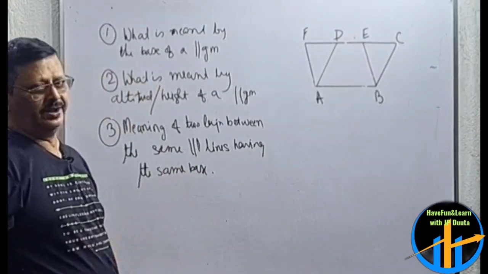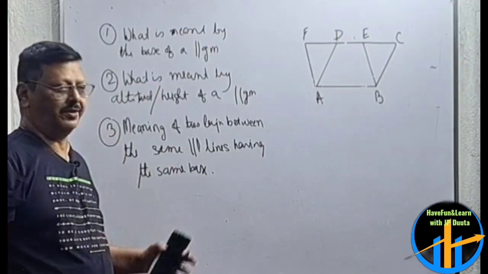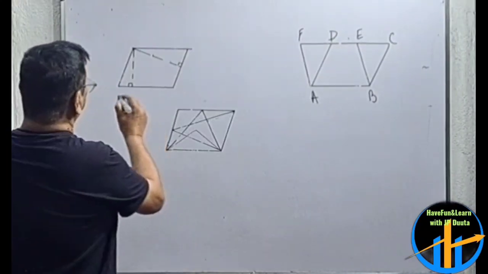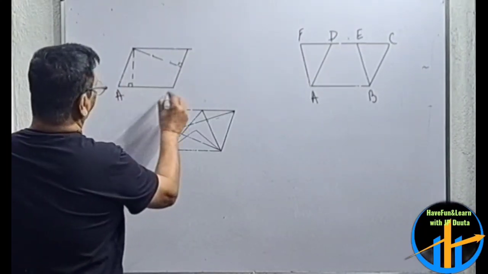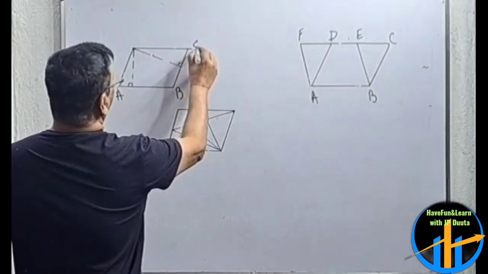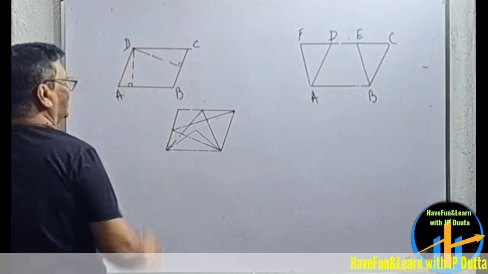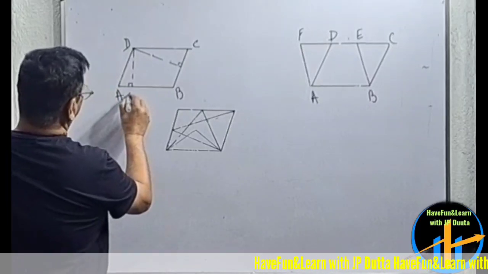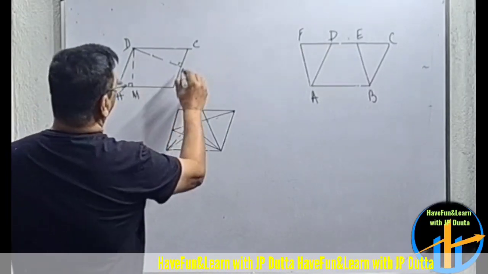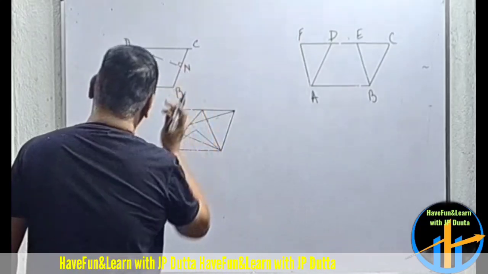So to explain this, we need some figures. Let us get those figures. See, ABCD is a parallelogram, and this is M and this is N. Right?